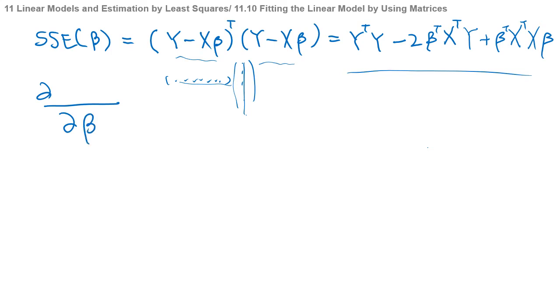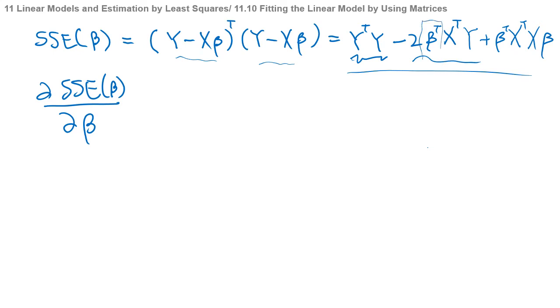You can differentiate with respect to vector beta the sum of squared errors SSE(beta). For the vector differentiation, this first term doesn't depend on beta, so we can skip this part. In this part you have beta, and if you differentiate this thing, the result is minus 2 X transpose y.